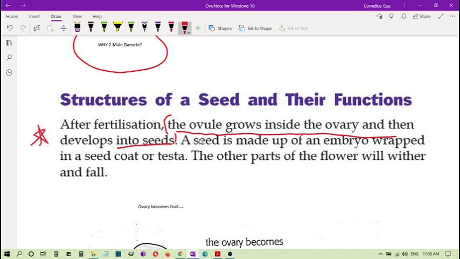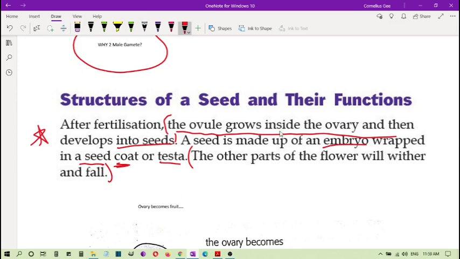Where is the embryo in a plant? A seed is made out of an embryo, wrapped inside the seed. The seed is protected by a coat or skin called the testa. Now the other parts of the flower will wither and fall, which means all the beautiful petals and other parts except the ovary will die after fertilization.